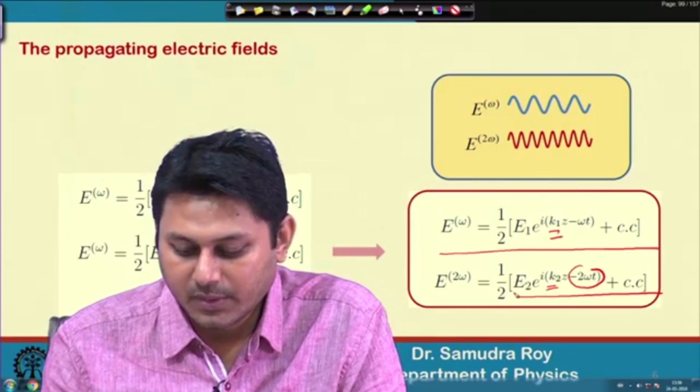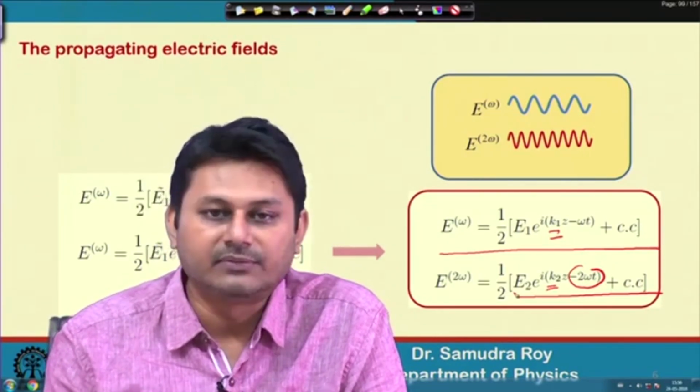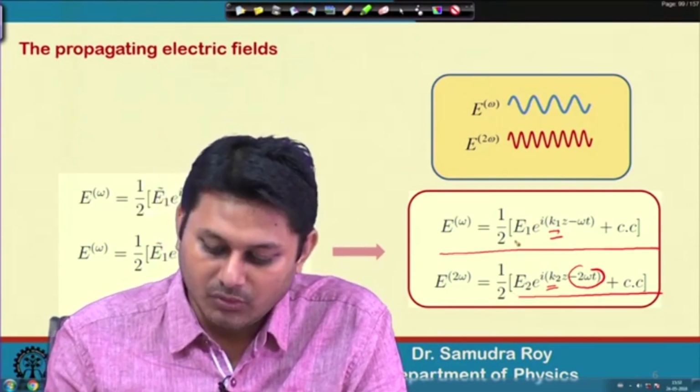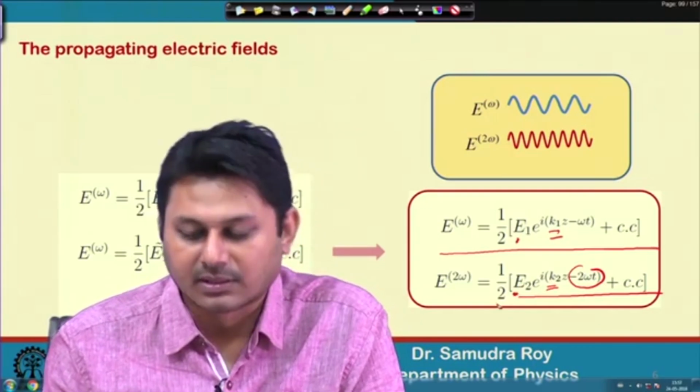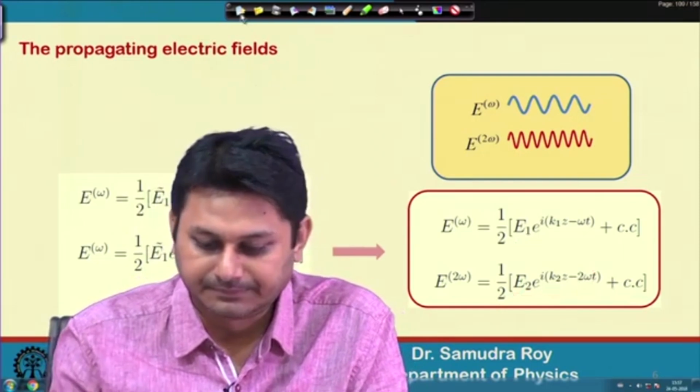So, E omega and E 2 omega are the electric fields, and they have this kind of form. Remember that E1 and E2 are now complex amplitudes in general.